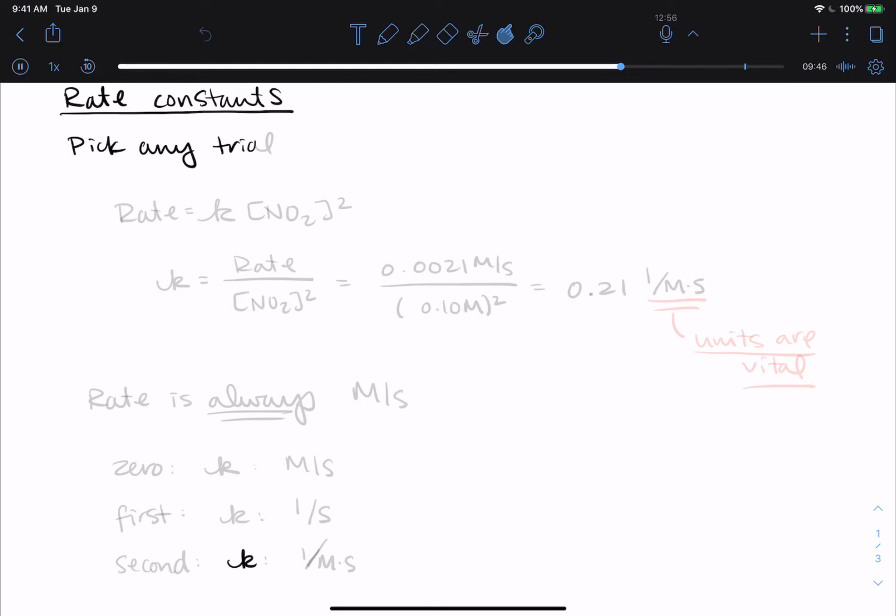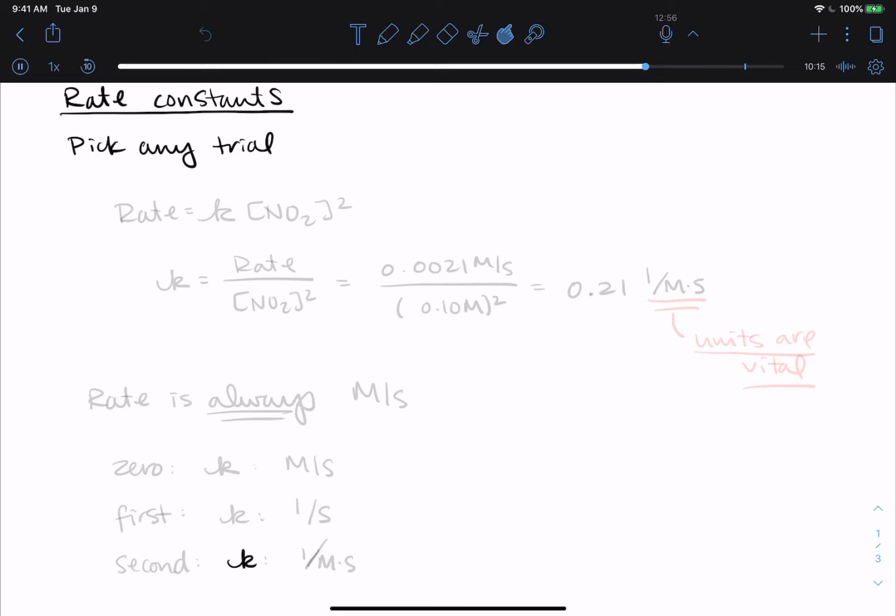Now, obviously, when you are doing this in lab, or in a real research setting, you would calculate the rate constant for every trial and then average them and calculate error and all of that fun stuff. For us, we can get by with just picking any trial. What I want you to get out of this mostly are the units on the rate constant.